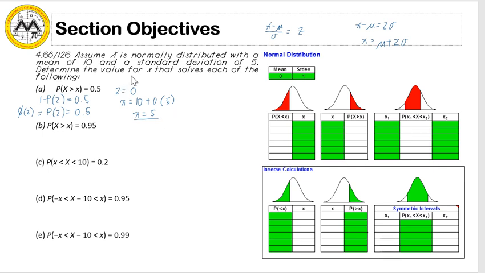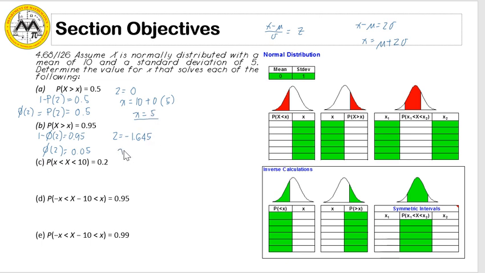So next, the probability of the random variable x taking value greater than x is 0.95. So greater than, so 1 minus Φ(z) is 0.95. So Φ(z) is 0.05. Checking on the table, your z should be negative 1.645.